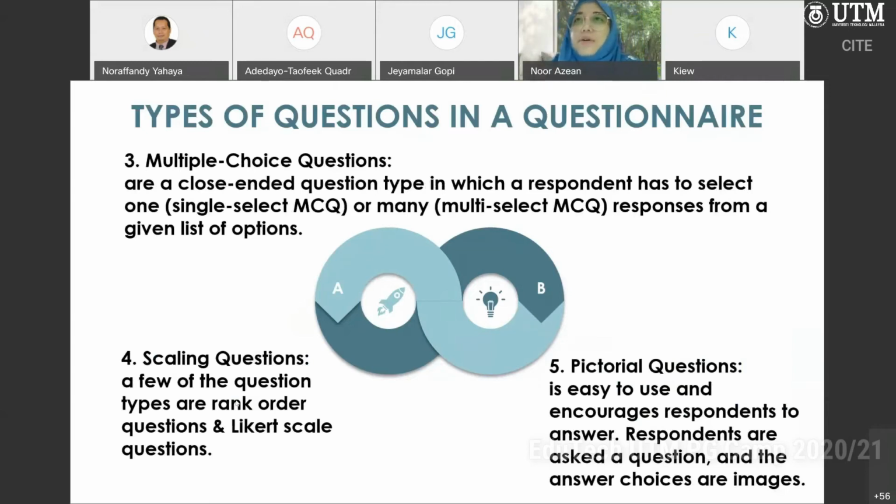The MCQ is a close-ended question type in which a respondent has to select, maybe single-select MCQ, or they can answer many because we have multi-select multiple choice questions. Sometimes for your favorite color, maybe you have more than one. Responses are from a given list of options that you give to them.